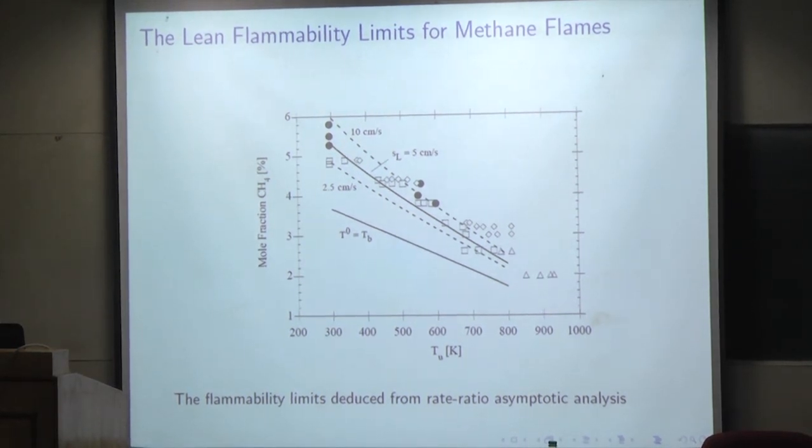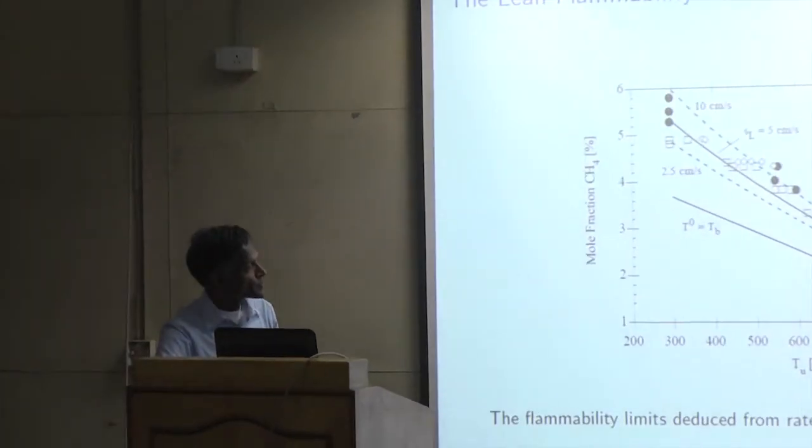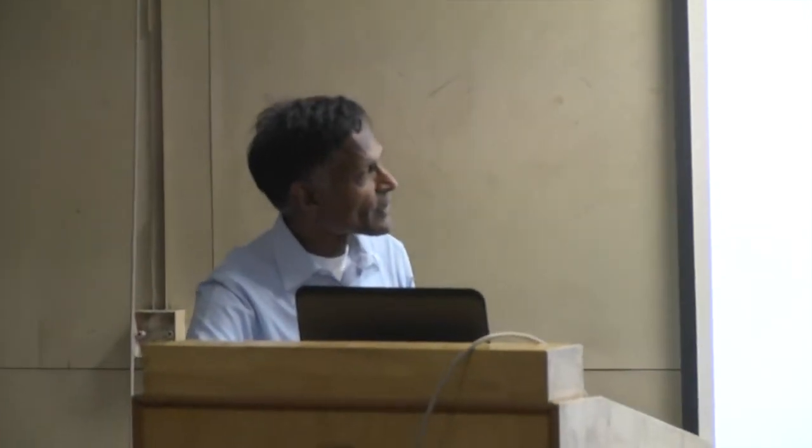No, our claim is that the key point is that the rate ratio asymptotic analysis tells you why flammability limits exist. None of the other analyses can provide that. For example, activation energy asymptotic analysis cannot predict the existence of flammability limits. The most important point is that with rate ratio asymptotic analysis, I can provide you with the criteria for why you see flammability limits.